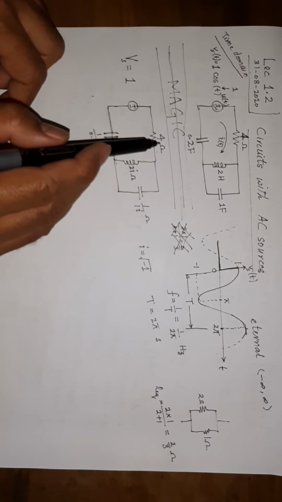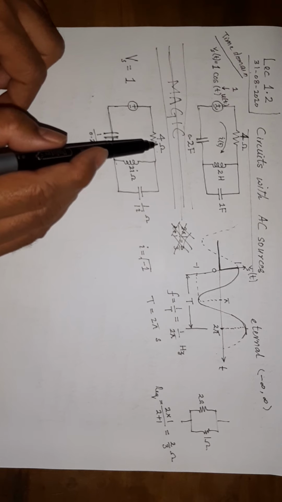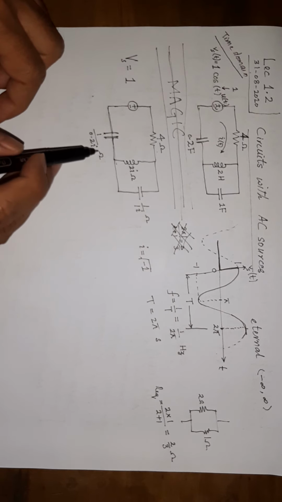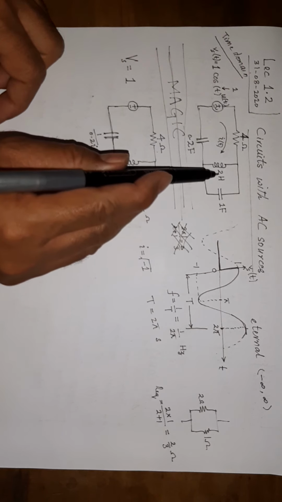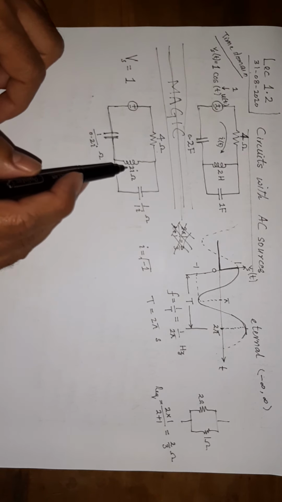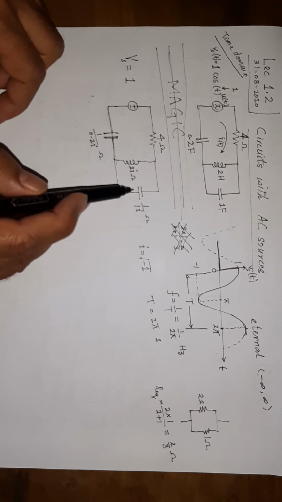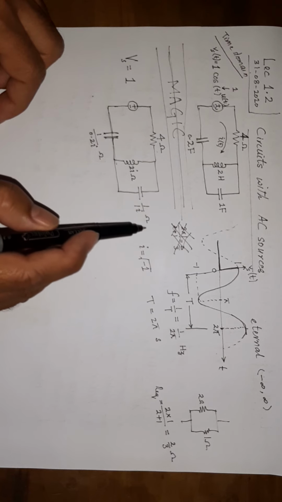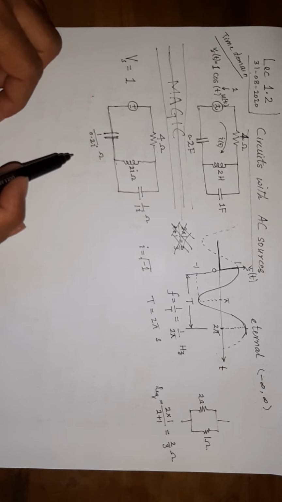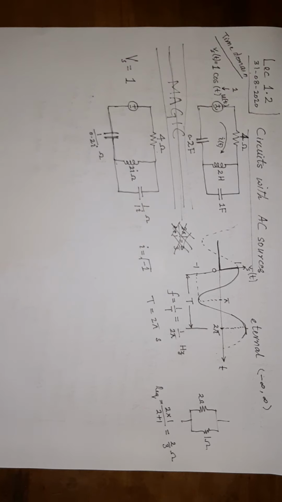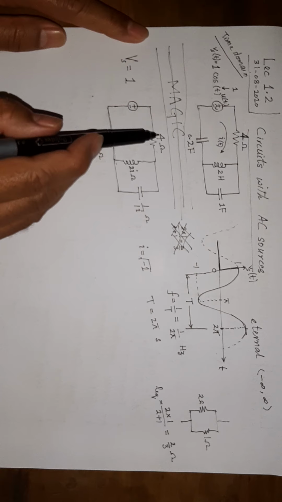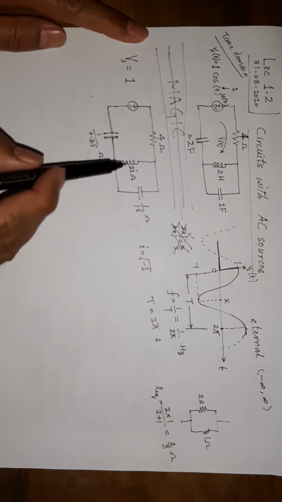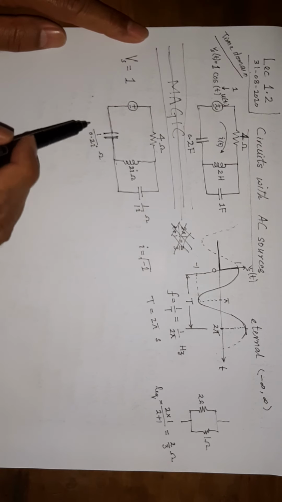This was in ohm already, it remained in ohms. This was in farad, turned into a quantity in ohms. This quantity 2, which was in Henry, is now transformed to 2 iota and in ohms, and this in ohms too. All these are in the same unit, the same type of quantity, except that this is a real quantity and these are imaginary quantities.